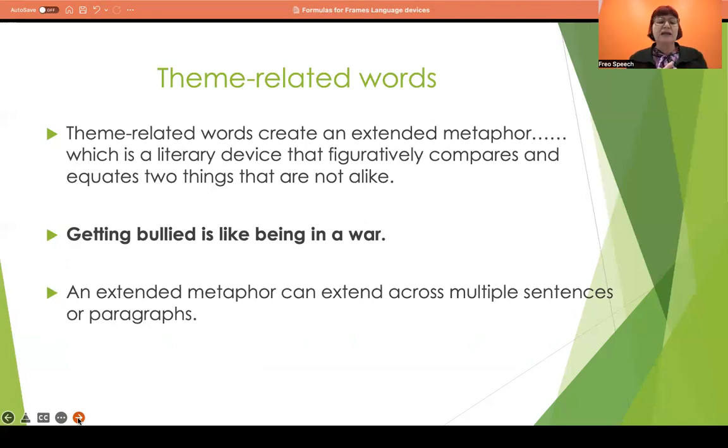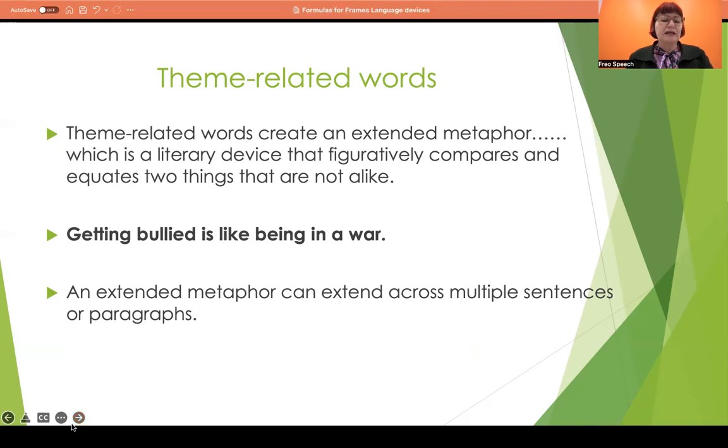So I've left it in there even though it wasn't used in the script analyses. Theme-related words create an extended metaphor, which is a literary device that figuratively compares and equates two things that are not alike. So being bullied and being in a war are not the same thing, but you can equate them together.